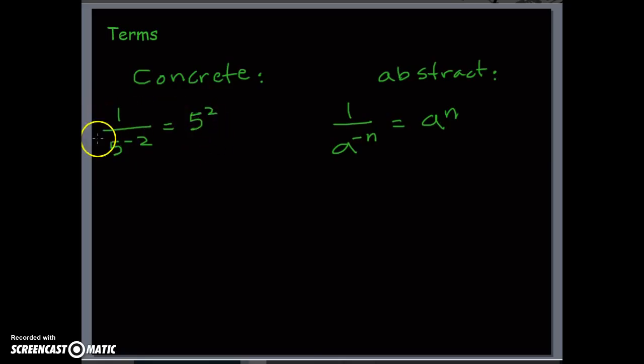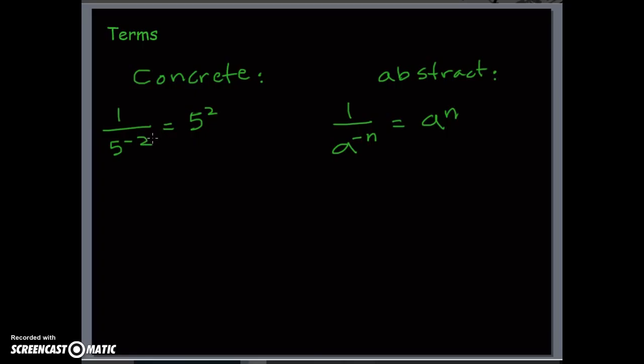So we have a concrete example. We've got 1 over 5 to the negative second power. If I want to write this as a positive exponent, what I'm going to do is take the base, which in this case is 5, and the exponent, which is 2, and move it over the fraction line.